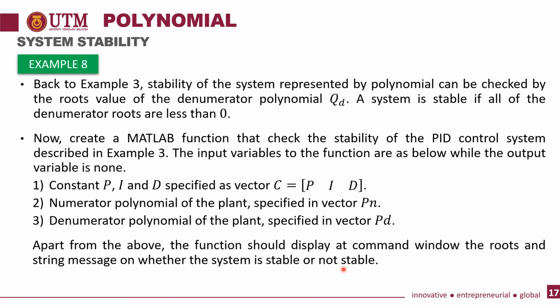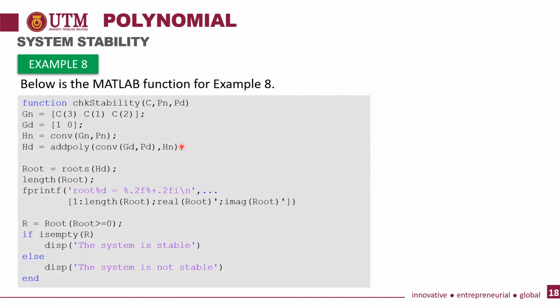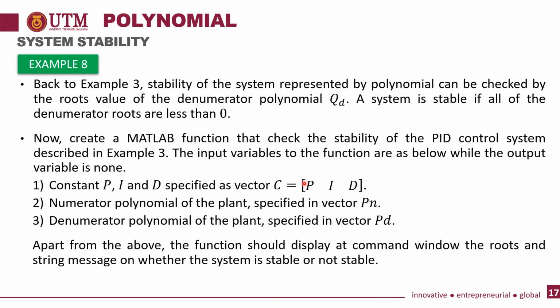Right, so this is the MATLAB function for example number 8. This is the function checkstability, the function name, with inputs C, Pn, and PD. C is actually the PID parameter.